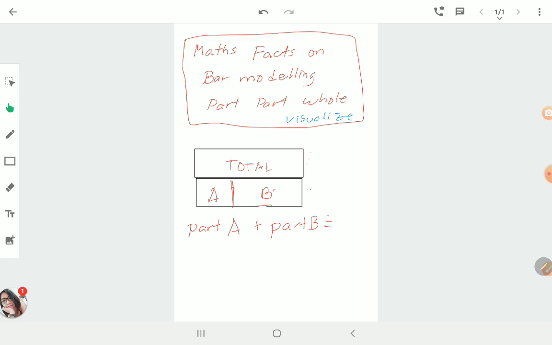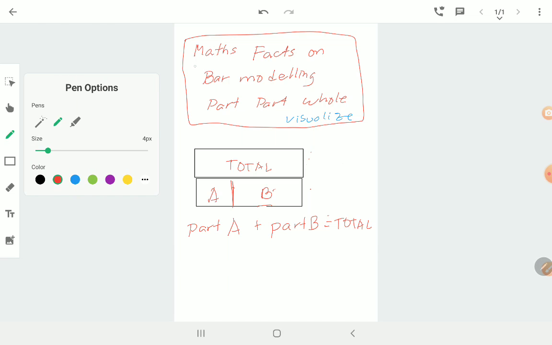But the most important is that the part A, which is this one, and the part B, which is this one, is actually equal to the total. All right? So that's the meaning of that. So this is the first implication, the first mathematics fact.